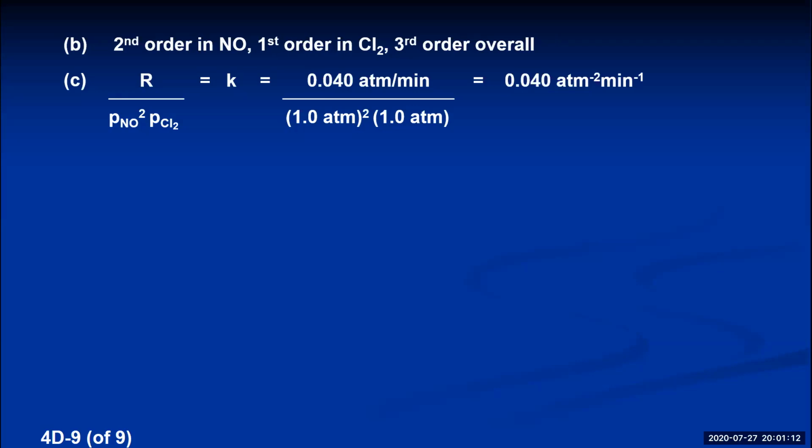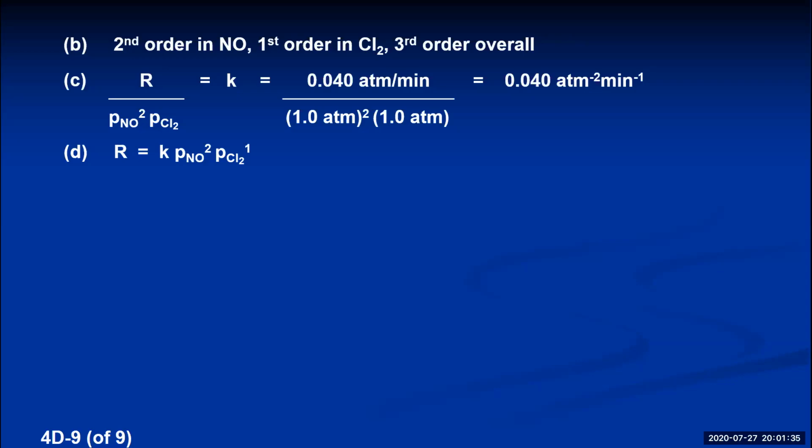D, what's going to be the initial rate of the reaction in appearance of NOCl per minute if the initial pressure of NO is 0.75 atmospheres and the initial pressure of chlorine is 0.75 atmospheres. So I'm going to use my rate law. I've just calculated the constant, and I'm going to plug in the two partial pressures onto the right side of the equation.